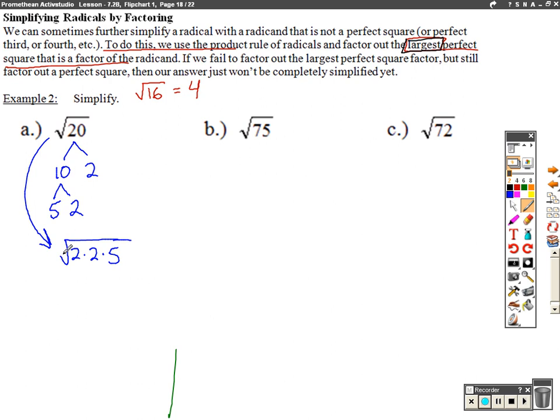Now, my index is 2, so I need the same factor to occur twice in order to pull it out. I have 2 2's, so that can come out. I only have 1 5, so the 5 has to stay underneath. So I'm left with 2 times the square root of 5.